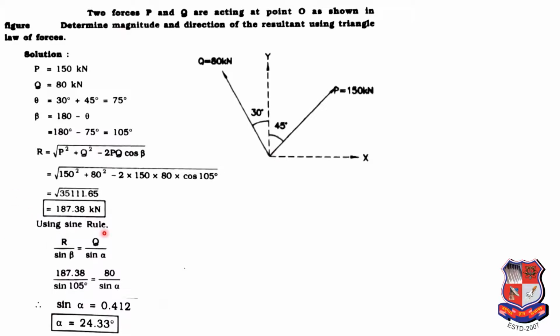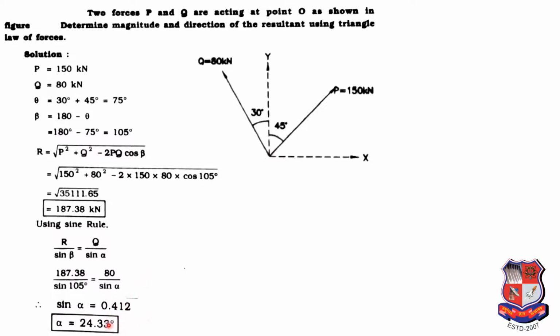Again we have to go for sine rule. So using sine rule, we can say that R upon sine beta is equal to Q upon sine alpha. So we will put the value of R over here. 187.38 divided by sine 105 degree is equal to 80 upon sine alpha. Therefore, sine alpha is equal to 0.412.